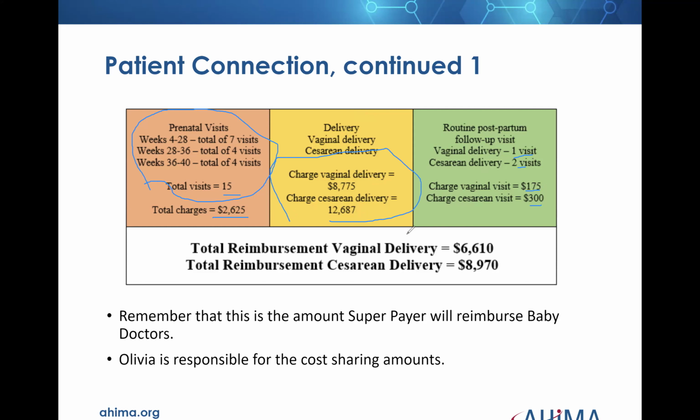So for the reimbursement for vaginal delivery, 6,610. Reimbursement for a C-section, 8,970. So again, this is the amount that the insurance company will reimburse the group. Olivia is responsible for all cost-sharing amounts based on what her insurance policy will do.